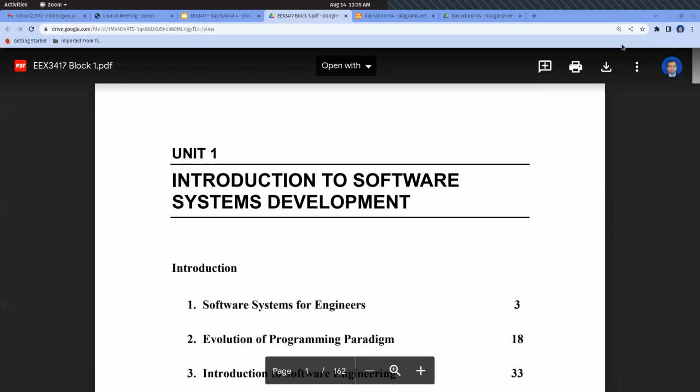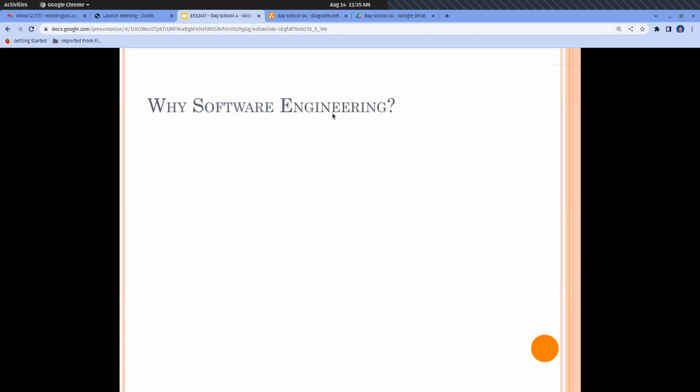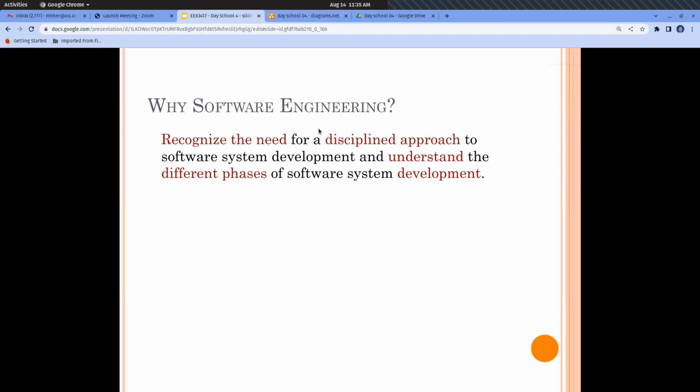Now, next one is software engineering. Before software engineering emerged, some people developed software, but initially there were no big software systems like order processing.